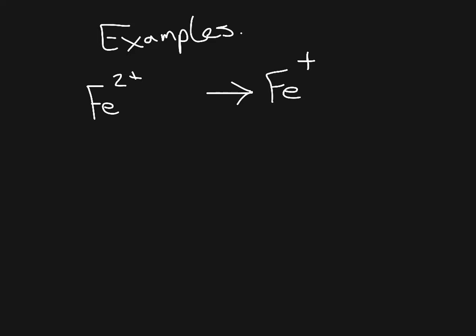To balance this equation, we need equal charge on the left-hand side and the right-hand side. So if I have 2 plus and I want to get to plus, I want to add 1 negative charge onto the left-hand side. So this half reaction is a reduction reaction, a reduction half reaction.